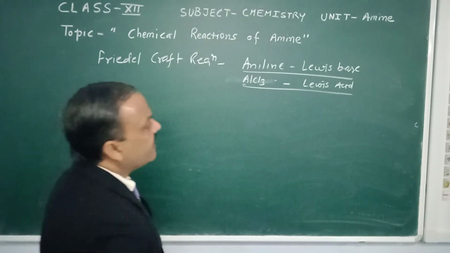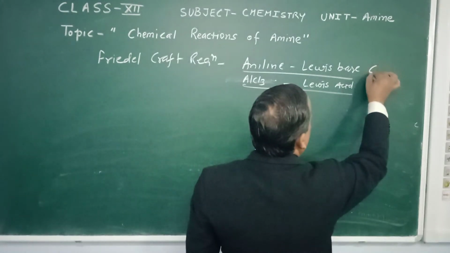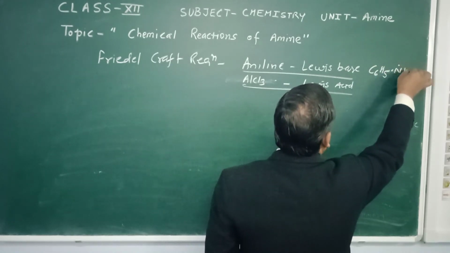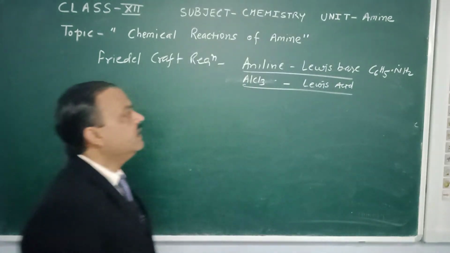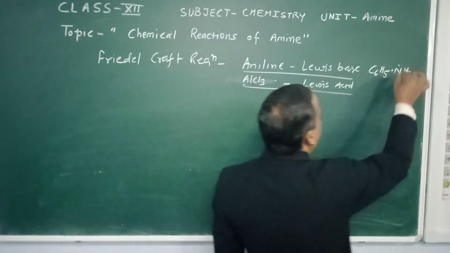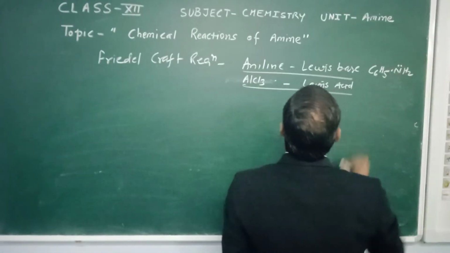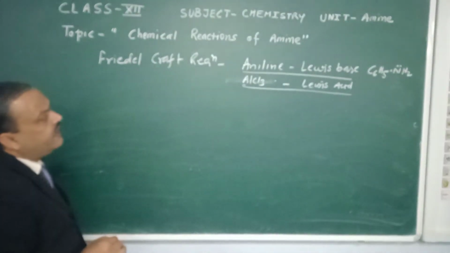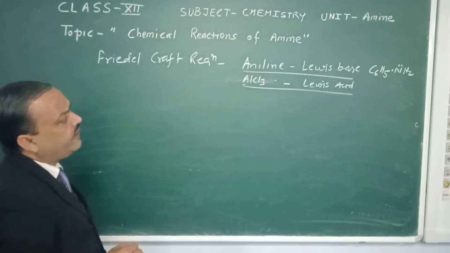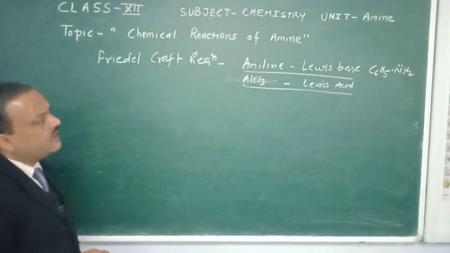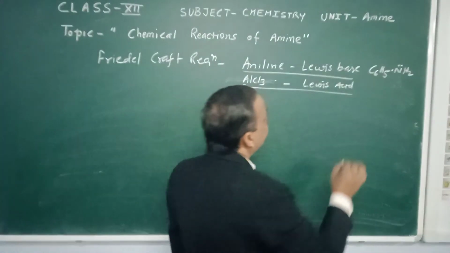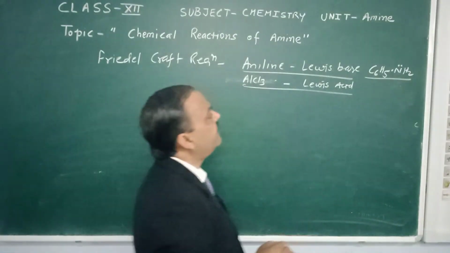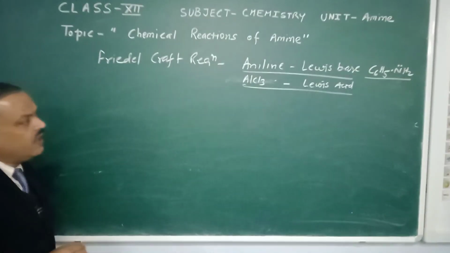It means in aniline, C6H5NH2, which is its formula, a lone pair is present on the nitrogen atom. Due to the lone pair, aniline has the tendency to donate the electron pair. That's why it behaves like a Lewis base. AlCl3 behaves like a Lewis acid.